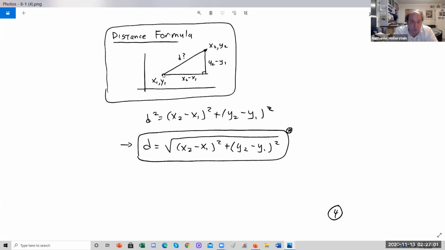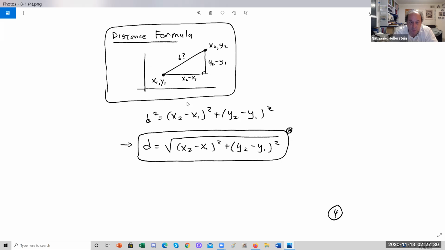Here's a distance formula. Given 2 points in the Cartesian plane, x1, y1 and x2, y2, what is the distance between them? Well, we draw this right triangle with this side parallel to the x-axis, this side parallel to the y-axis, and since these meet at right angles, so do these. The length of this side is the difference between the x-coordinates, x2 minus x1. The length of this side is the difference in the y-coordinates, y2 minus y1.